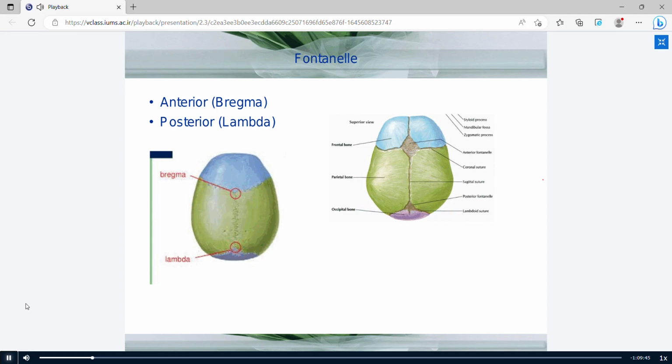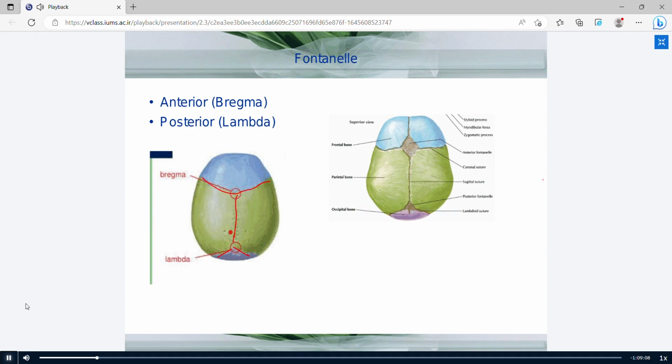In this slide, you can see the junctions of sutures. The junction of the coronal and sagittal sutures is the bregma, and the junction of the sagittal suture and lambdoid suture is the lambda. So you should know about the bregma and lambda.